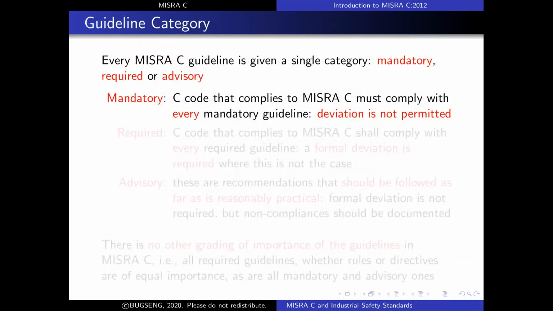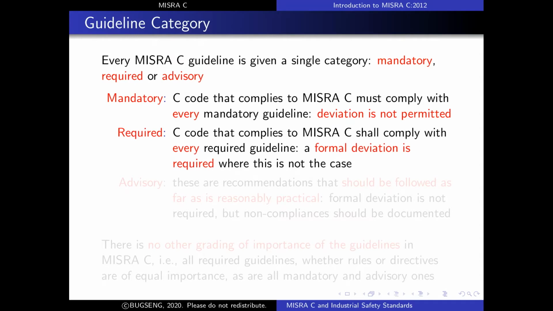So let's see, what is the category? Mandatory, required, or advisory? Mandatory means that if you want to make a claim of compliance to MISRA C, you must comply with every mandatory guideline. So deviation is not permitted, no matter what. Whereas if the rule has category required, then the code must comply or a formal deviation is required.